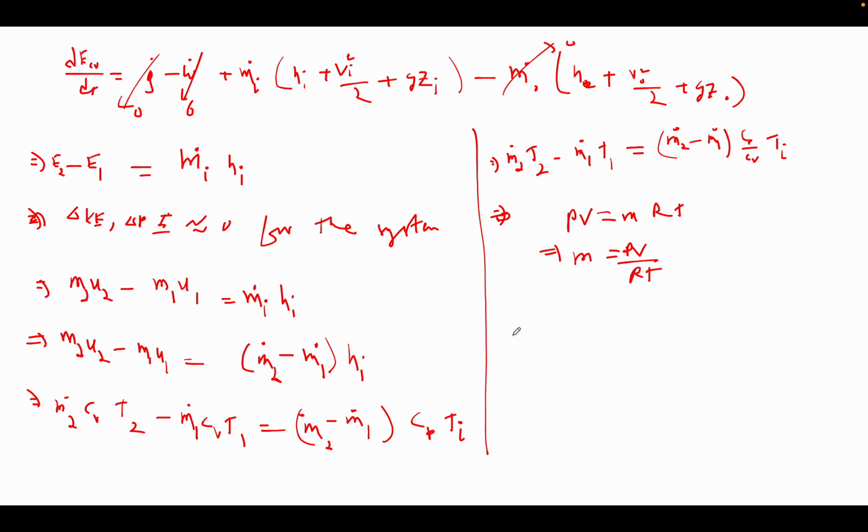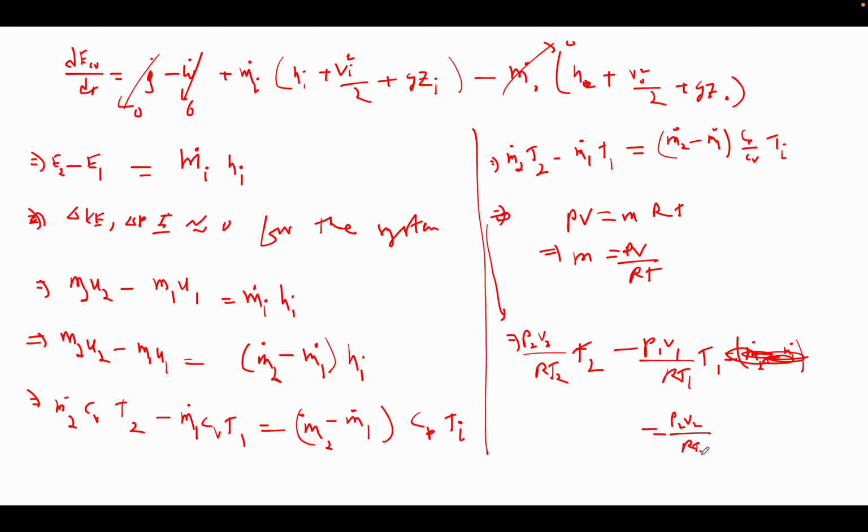Using this, I can write (P2 V2 by R T2) times T2 minus (P1 V1 by R T1) times T1 equal to (m2 minus m1) times c_p by c_v, which is the same as (P2 V2 by R T2 minus P1 V1 by R T1) times gamma T_i.